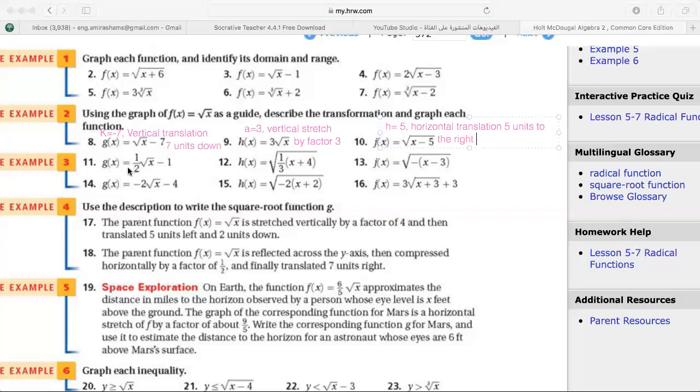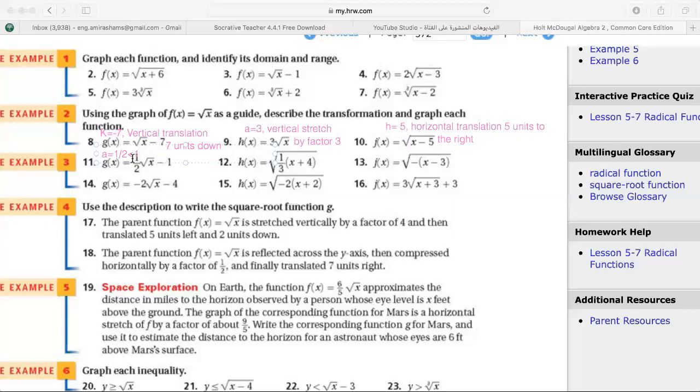Okay, this one has two transformations. Half square root of x minus 1. So half is a number multiplied by the function. That number is a, and when a is less than 1, a is equal to half, which is less than 1. When the factor is less than 1, it is a compression.